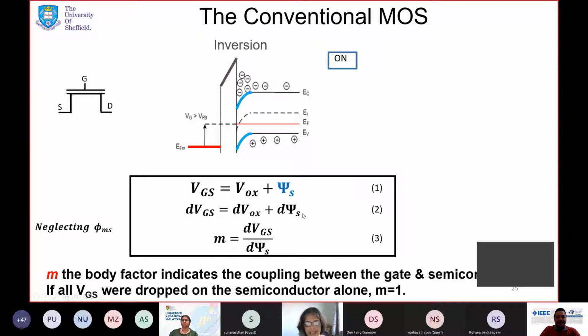And if we differentiate it here, the body factor is then dVGS by d psi s. It's the rate at which the gate changes the surface potential. It indicates the coupling between the gate and the semiconductor. That means if all of the VGS was dropped only on the semiconductor here and there was nothing dropped across the oxide, then m would be equal to 1.